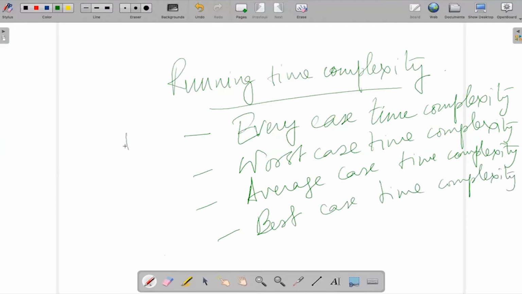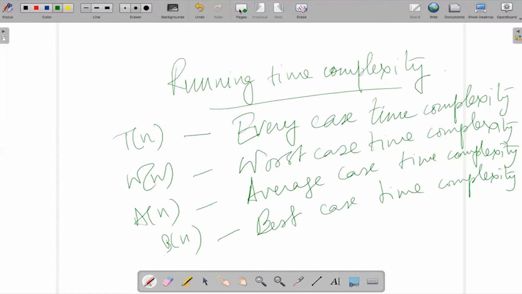Each of them had their own denotations. And we took various examples to estimate the running time complexity for the different algorithms.